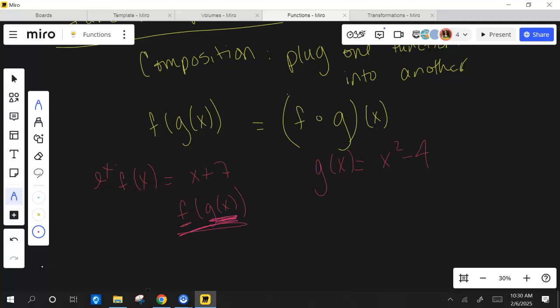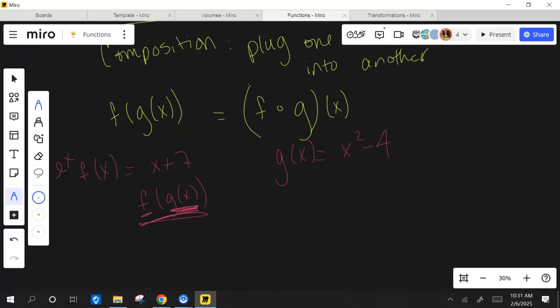Remember, whatever is in parentheses whenever you evaluate a function, if I had f of 2, that means replace every x in f with 2, right? So it'd be 2 plus 7. If I said, what is f of k? Same equation, but I replaced the x with k.